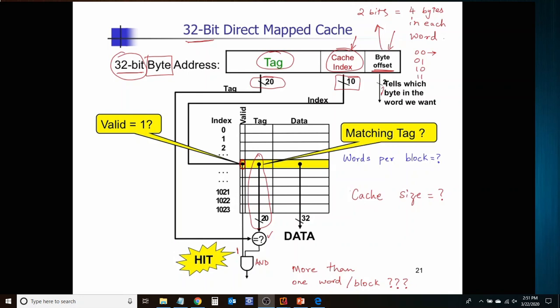If they are the same, that means the group of memory locations in the cache are mapping correctly. Otherwise, we will need to change that. So if this is 1 and this is 1, that means we have a hit, and the data can be read through that 32-bit sequence right here.